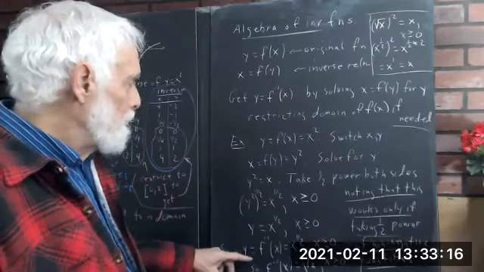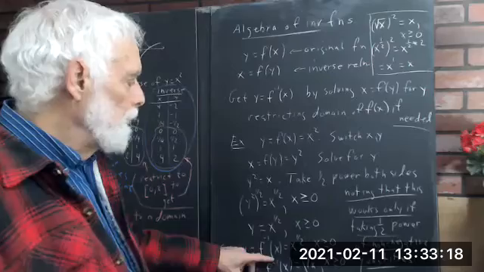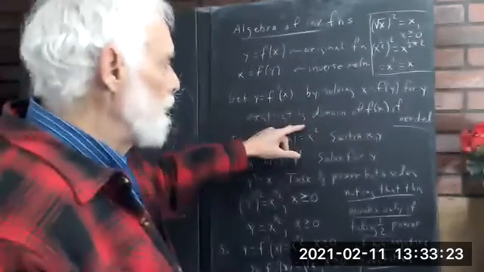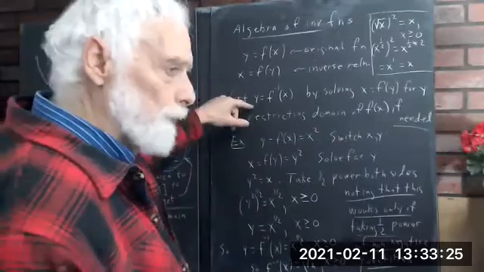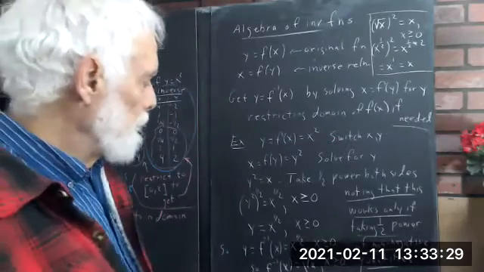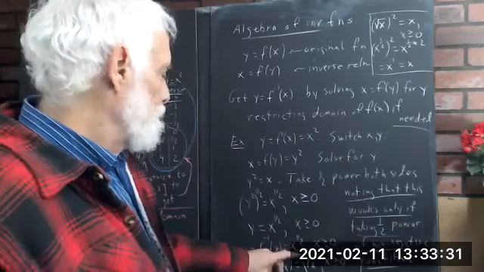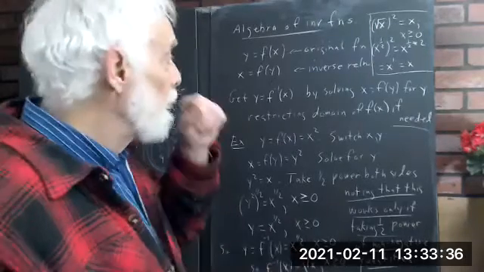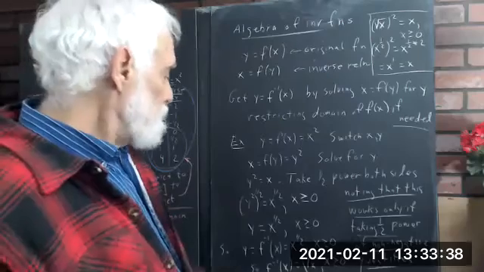So y equals f inverse of x is x to the 1/2, because solving for y and restricting the domain if needed gives you your inverse function. So there it is. f inverse of x is x to the 1/2, and x to the 1/2 can be written as the square root of x.